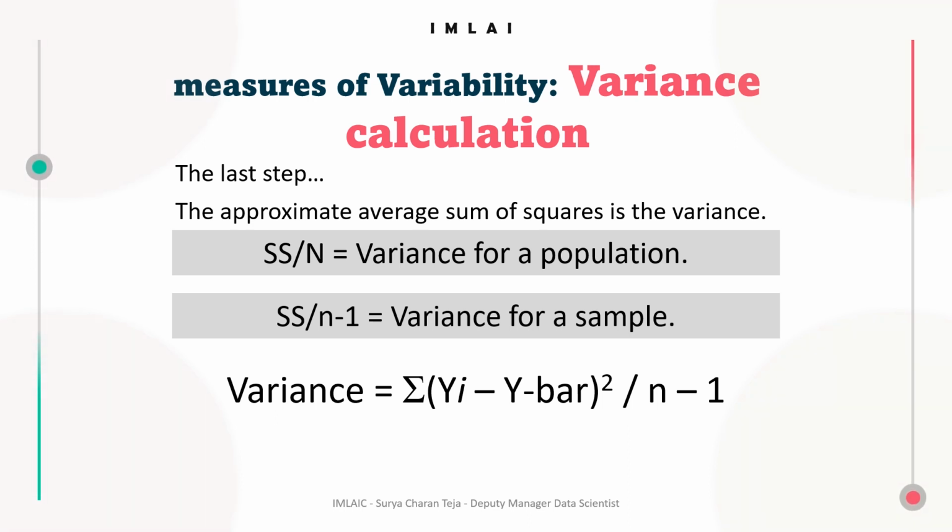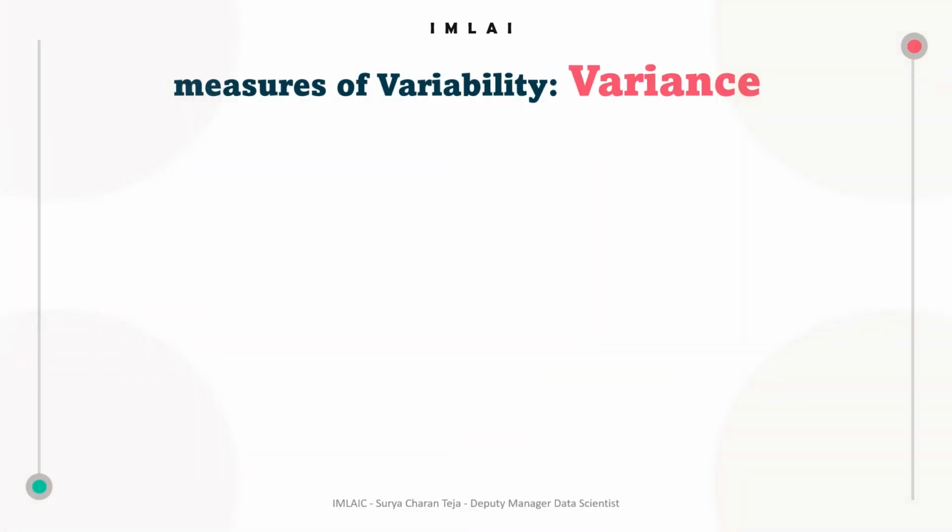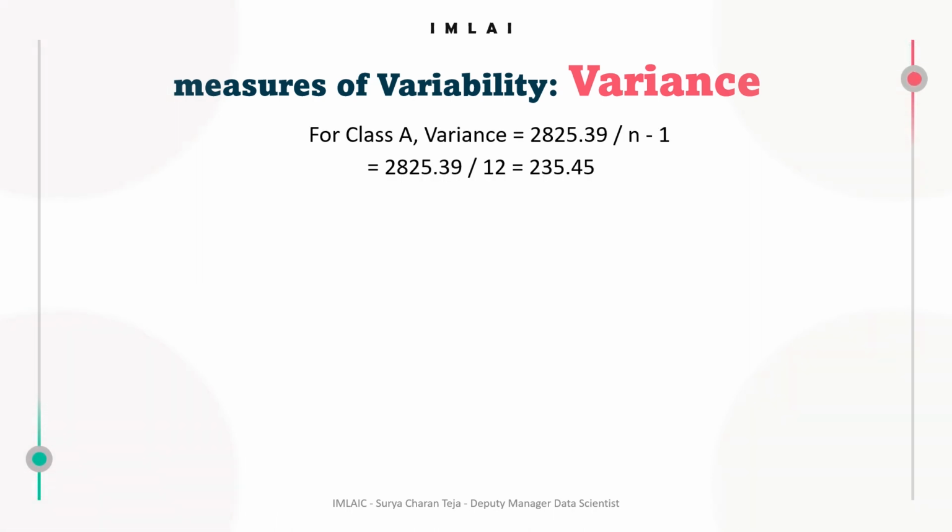So now we'll get back to our previous example for class A. The variance is equal to the sum of squares, that is 2825.39, divided by n minus 1, because that's a sample out of our population.